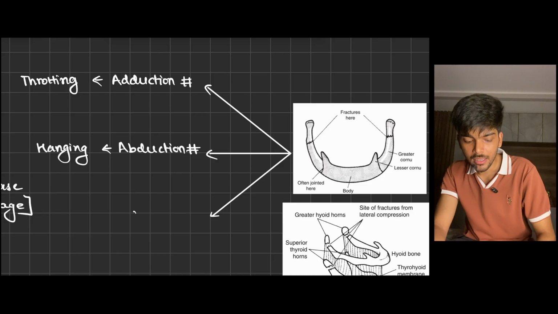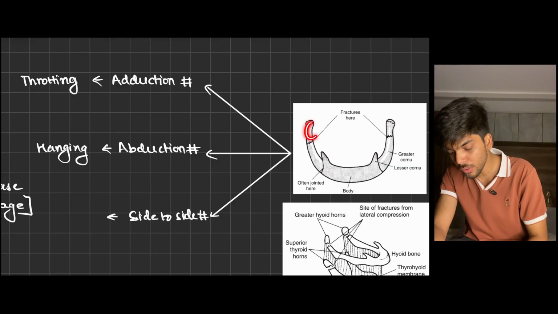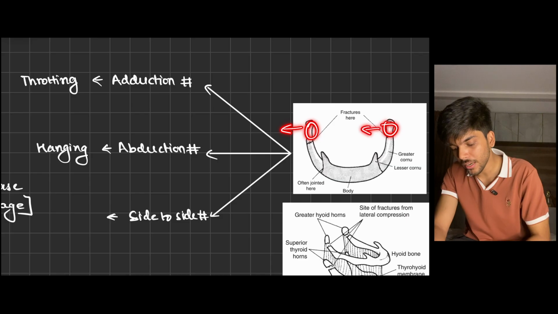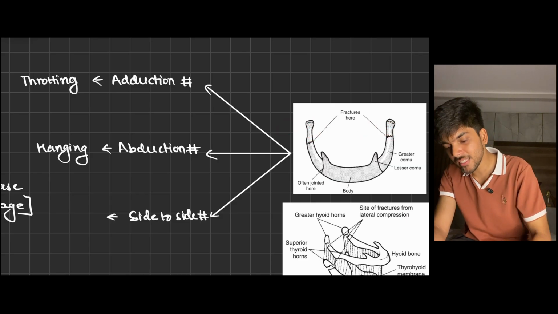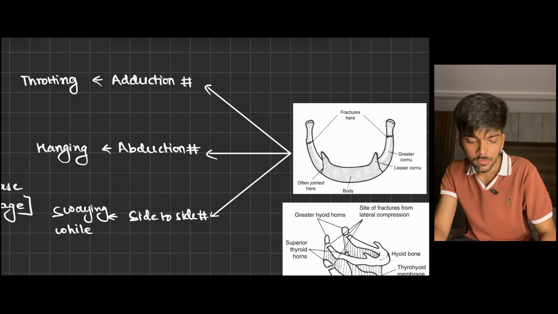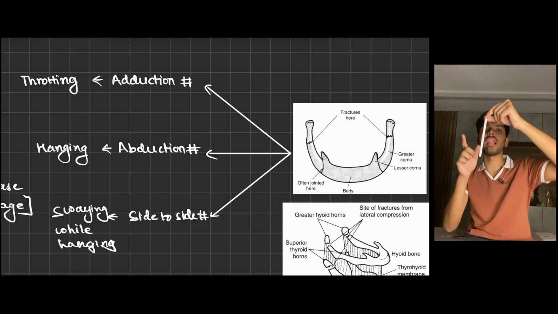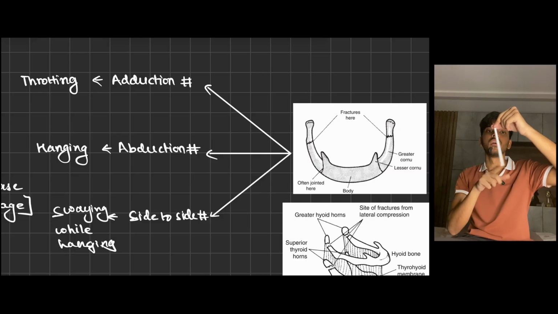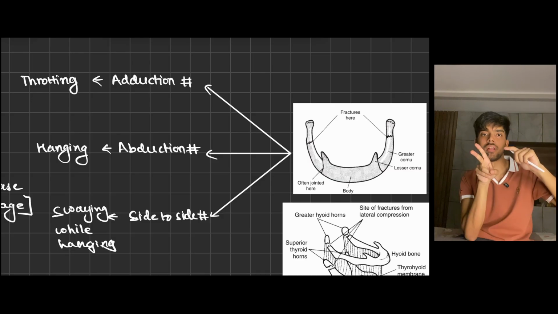And the third is side-to-side fracture. Both the fractured ends are to one side, either this side or this side. And this is seen due to swaying while hanging. So when the body swings while hanging from side to side, the bones also move to one side.